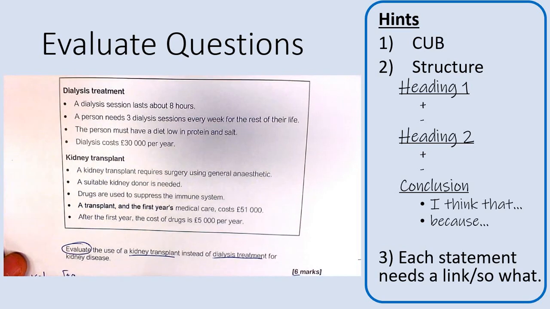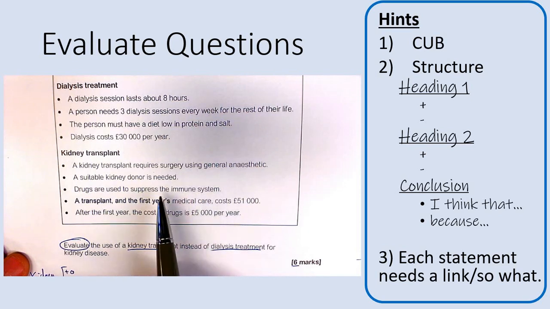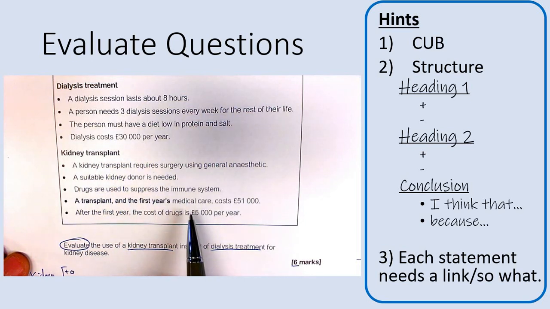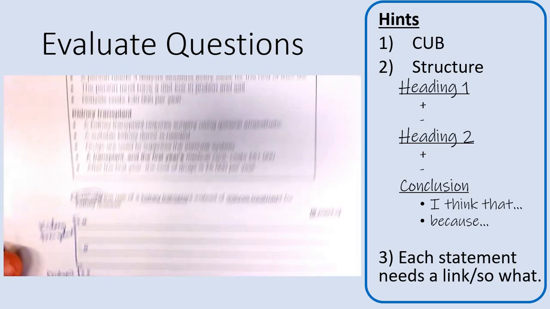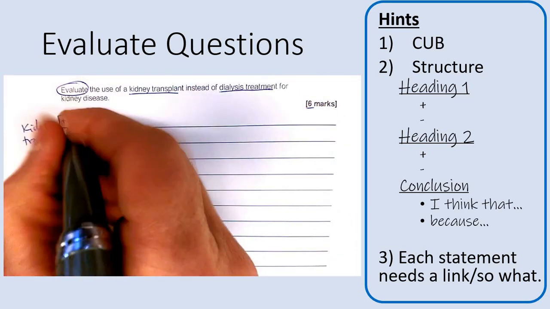So, a positive about kidney transplants. What's going on here? Let's have a look. Suitable kidney, okay, kidney transplant after the first year of use. A good thing with it is that they tell us costs here. It looks like it's cheaper every year. So it works out cheaper in the long run, doesn't it? Because it's £5,000 a year compared to 30,000.